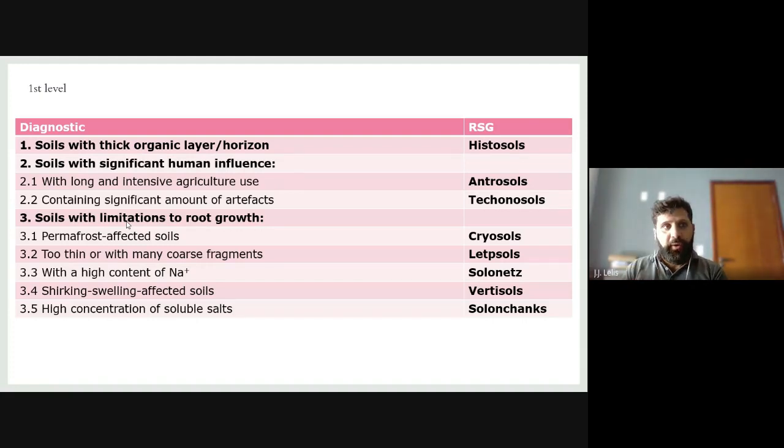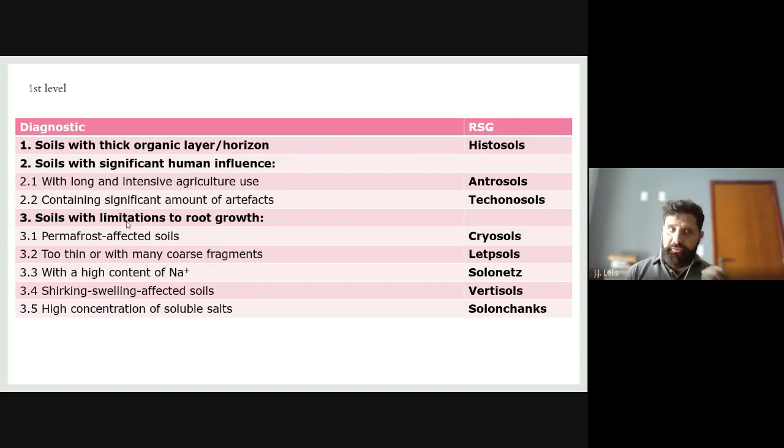And to describe this first level, the 32 reference soil groups, we have some information that we can easily find for each of these reference soil groups.